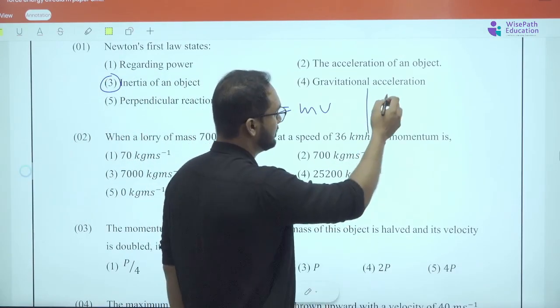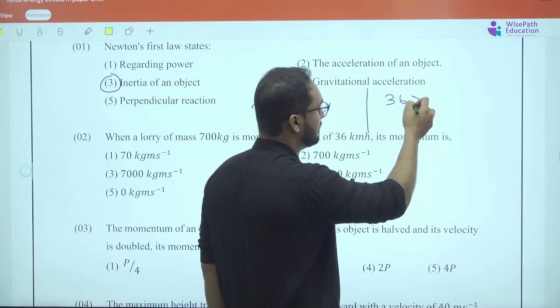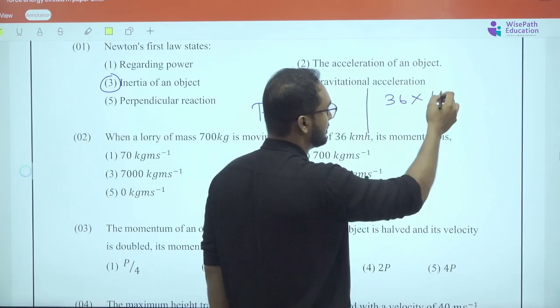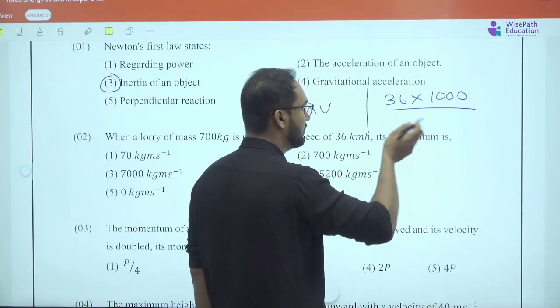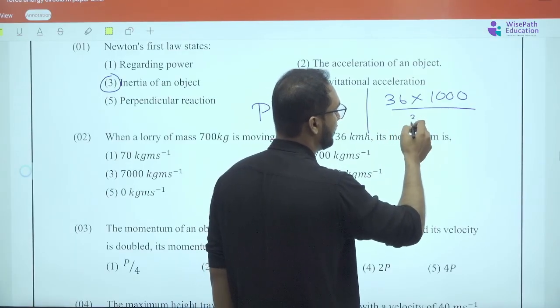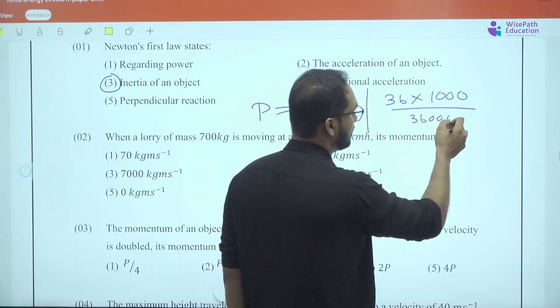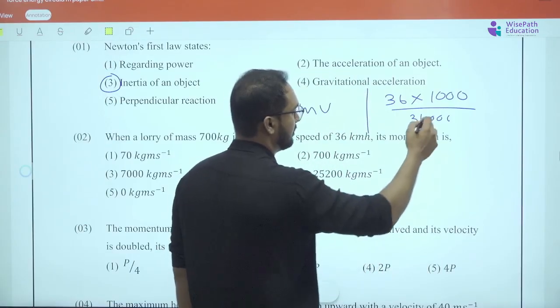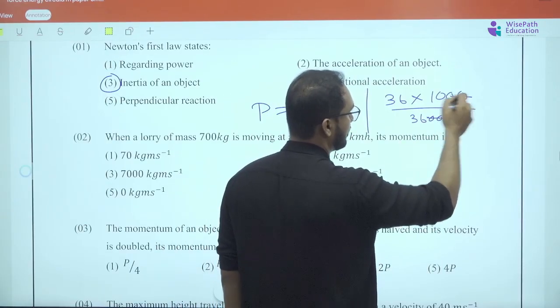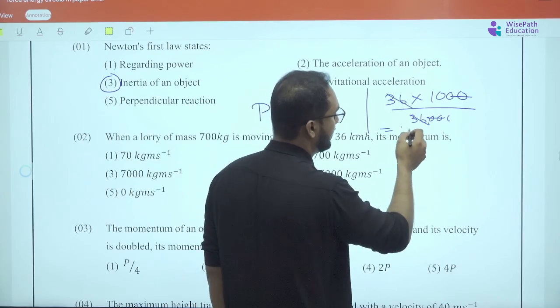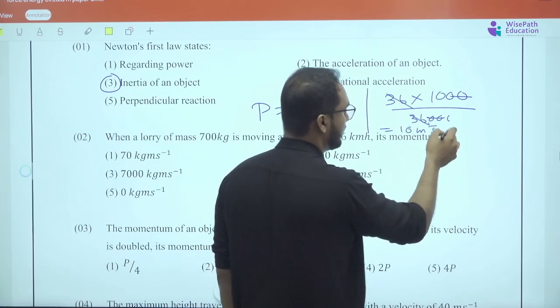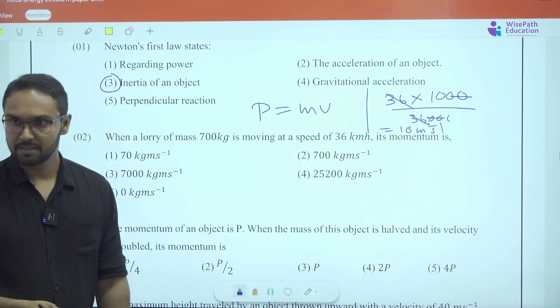So it's 36 kilometers per hour. To make kilometers meters, you have to multiply by 1000. To make hours seconds, you have to divide by 3600. So simplify this, what do you get? 36 cancels out, so it's 10 meters per second. The velocity is 10 meters per second.